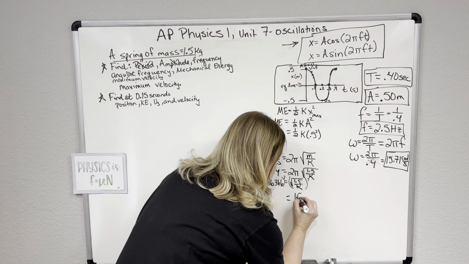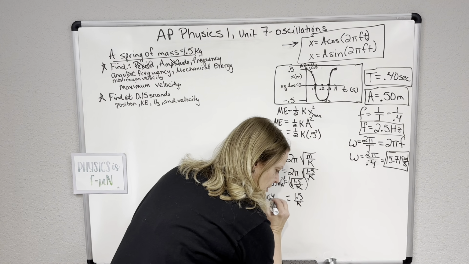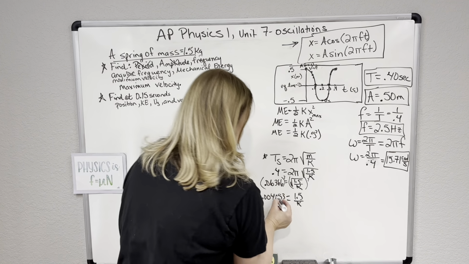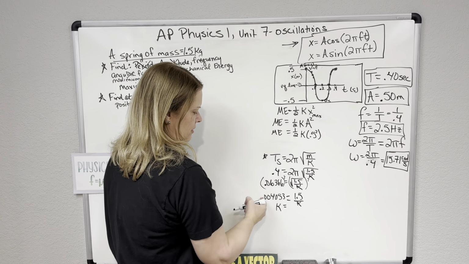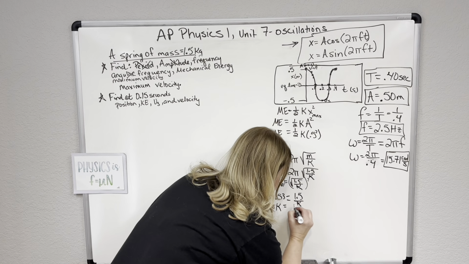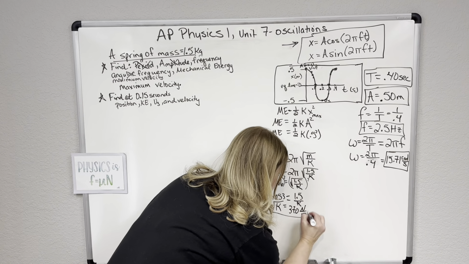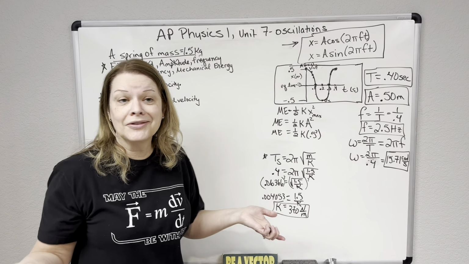So this is 1.5 over k, and this becomes 0.004053. I solve for k by dividing 1.5 by this number, and you're going to get a k of 370 newtons per meter. Now I have a k, and I can plug that in here, and I get my mechanical energy.